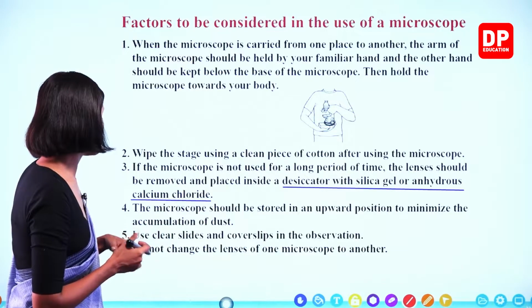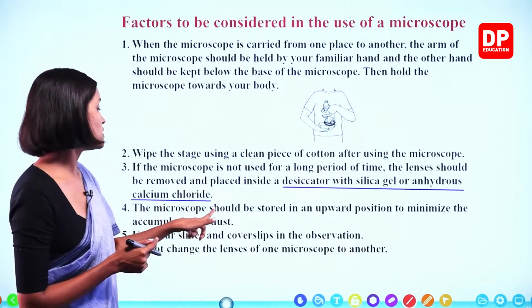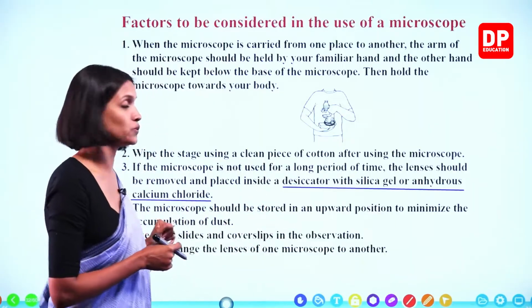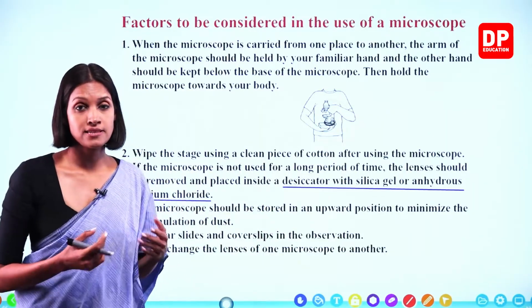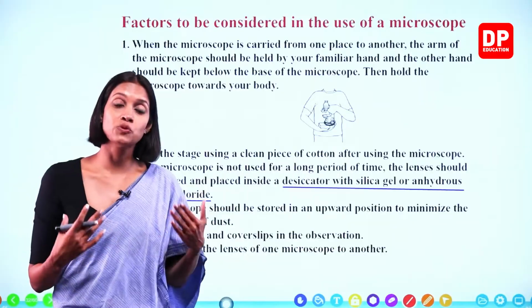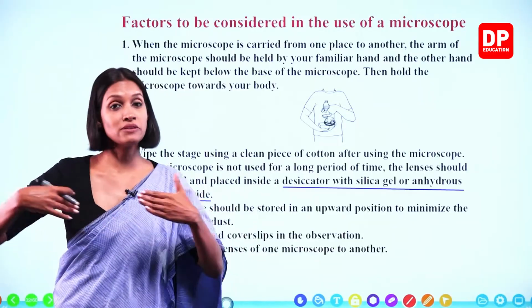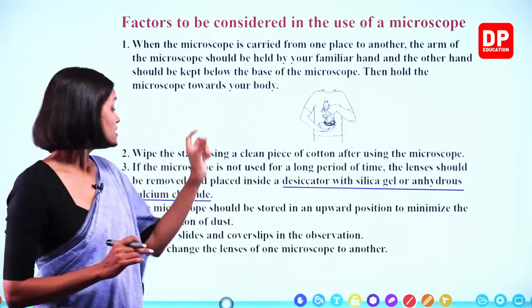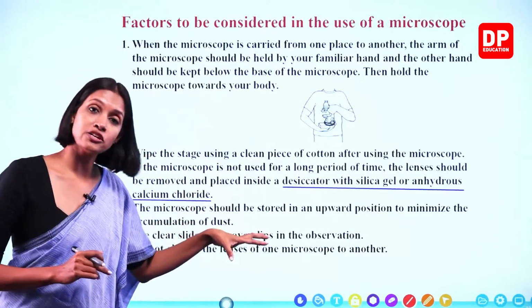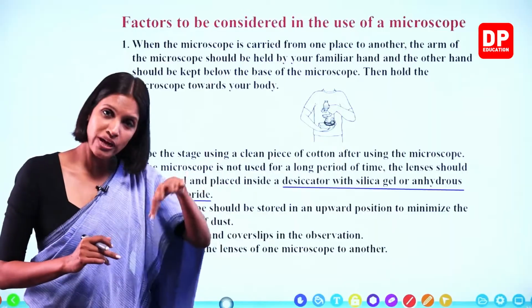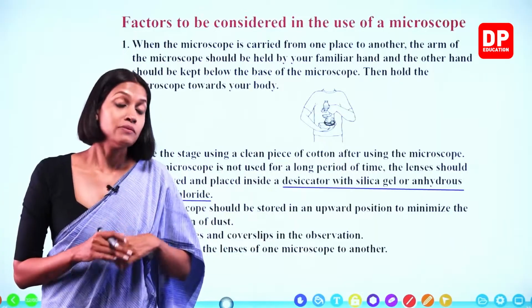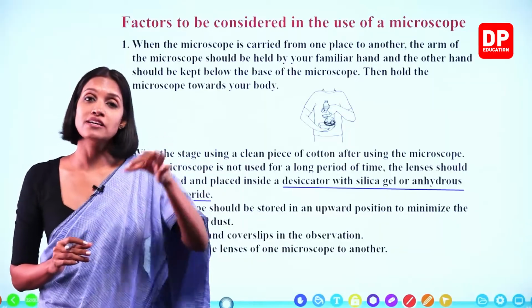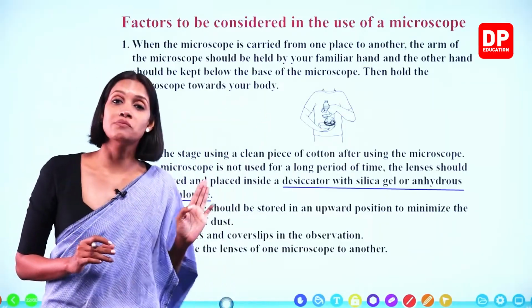And the last one, do not change the lenses of one microscope to another. We should never ever do this, right? Let's say your school laboratory has more than one microscope, if there are several microscopes, don't ever try to change the lenses from one microscope to the other. I told you all, you can remove the lenses, but just because of that, you should not change them from one microscope to the other.